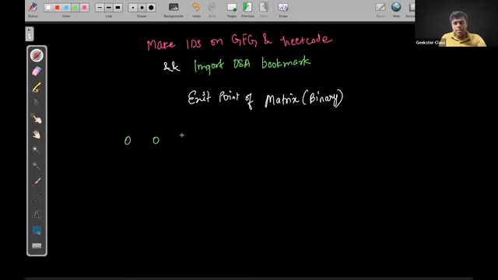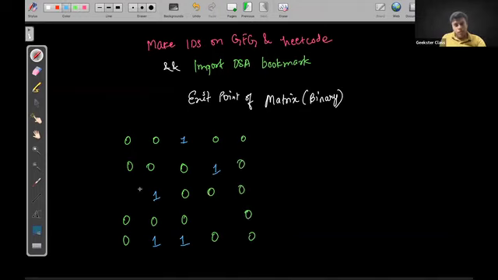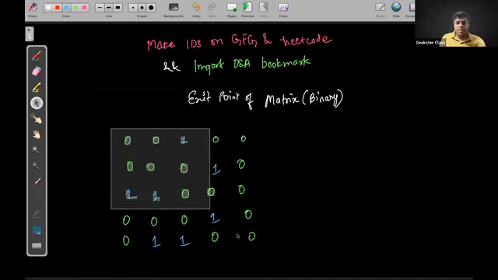So there are some zeros, then there is a one also, then there are some zeros, and there is, let's say, a one, then there is a one again, then there is a zero, then a one, and let's suppose there is a one here also, and the remaining are all zeros. Okay, so this is the matrix which is given to you.